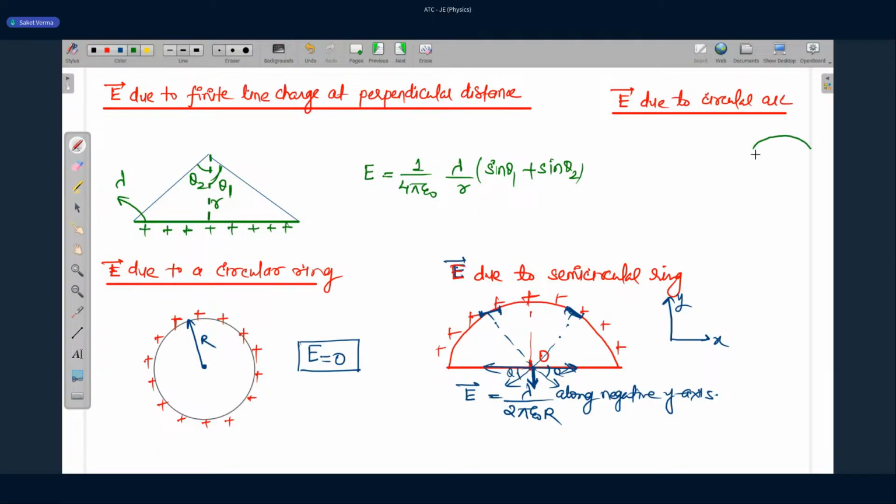This is the circular arc, and we want to calculate at this point. This is the charged ring, having the angle theta. Then what is the electric field? It is the same thing, lambda upon 2 pi epsilon naught r, but here we need to multiply with sine theta by 2. And here also the direction of the electric field will be in the negative y direction.